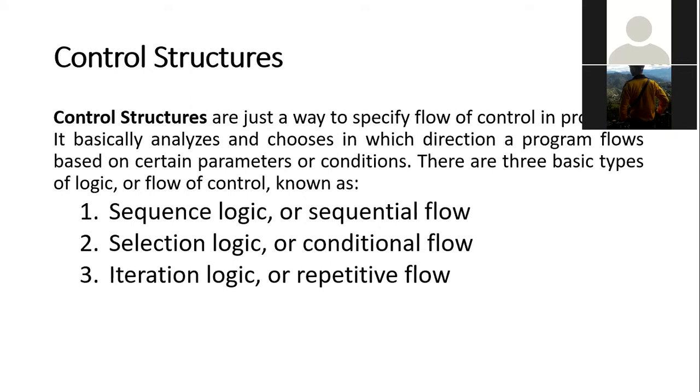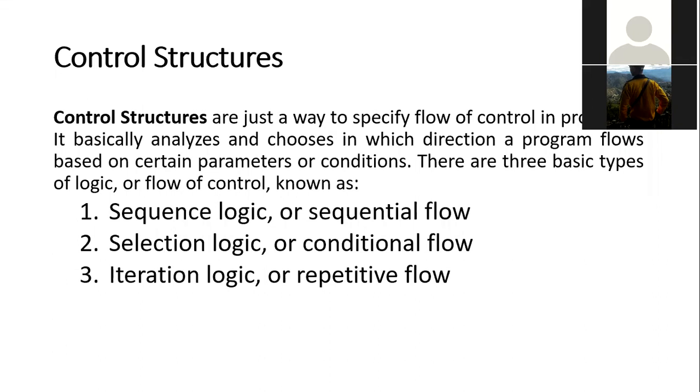We have three basic types of logic or flow of control or control structure. We have sequence logic or sequential control structure or sequential flow. We have selection logic or conditional flow or decision control structure.